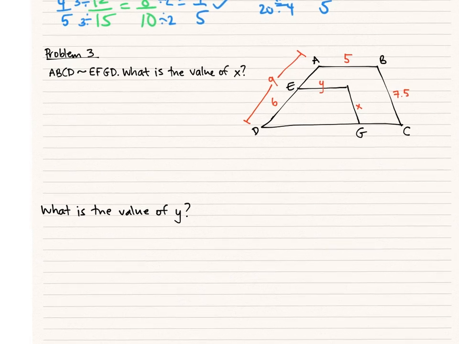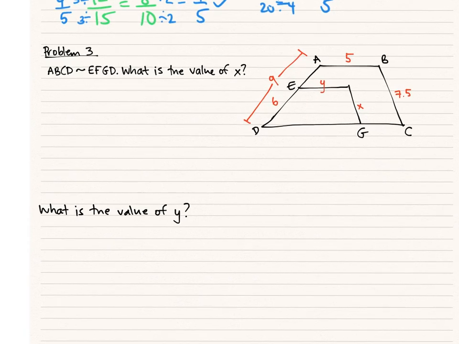Here it's telling you that these two quadrilaterals are similar, so what's the value of x? So let's look here. We have two quadrilaterals. We're looking for the value of x and y. So these two sides, this is 9 and this is 6. So 6 over y, let's do this one first. 6 over y is going to be equal to 9 over 5 here, right?